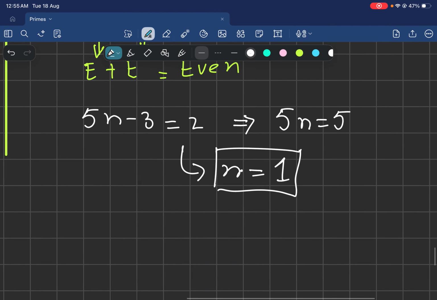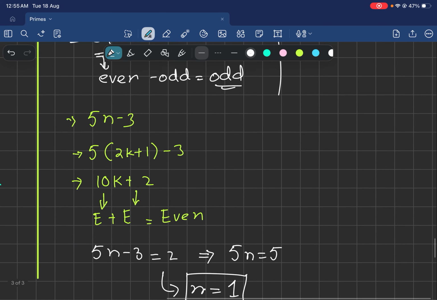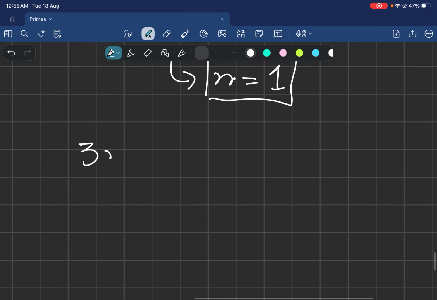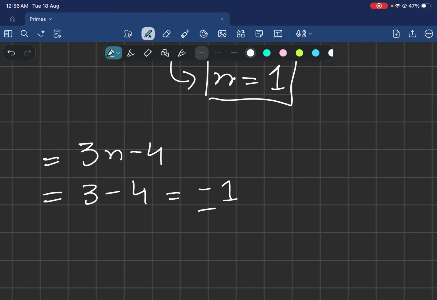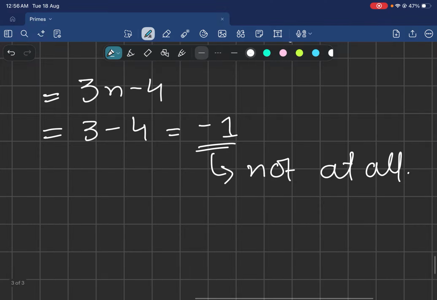What about the other expressions? Are those prime? Let's see. 3n minus 4: plugging in our value of n gives 3 minus 4, which is minus 1. Is minus 1 a prime number? Not at all. All prime numbers are strictly greater than 1.